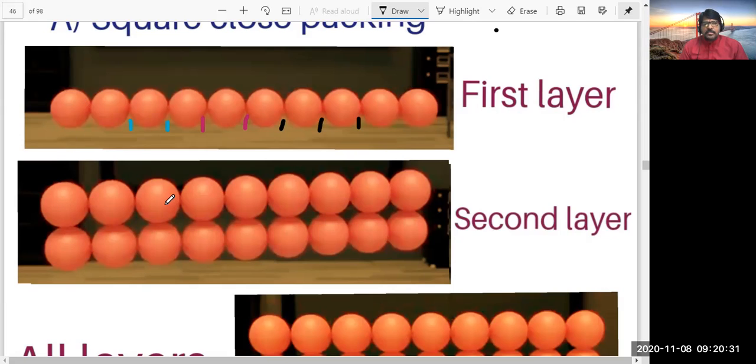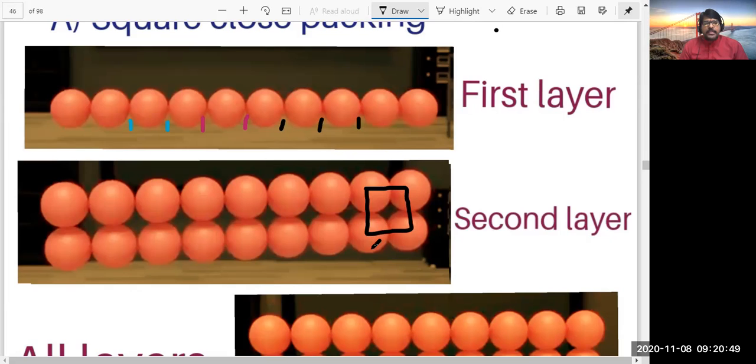So I can say this is the first layer and this is the second layer. You can see this is a repeating unit, and we can call it a unit cell. The repeating unit is a square, hence it is called square close packing, right?